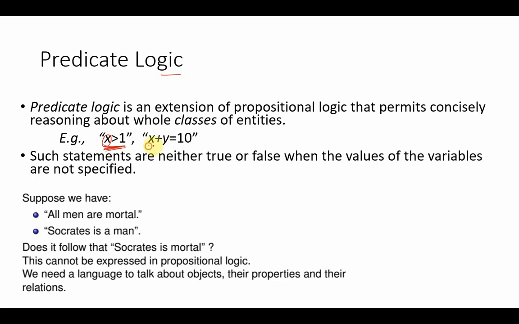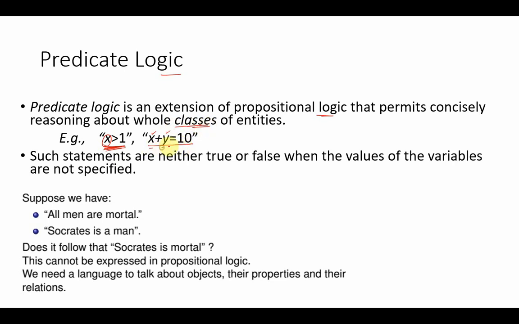Similarly, if I have a statement like x plus y is equal to 10, this again cannot be a proposition. Why? Because I cannot say whether this statement is true or false unless I know the values of x and y. So predicate logic is an extension of propositional logic that permits concise reasoning about whole classes of entities.